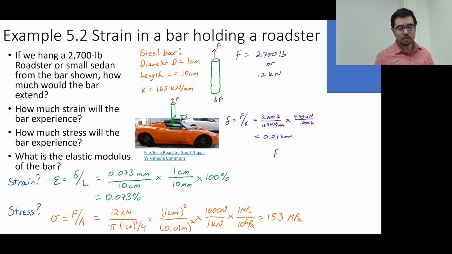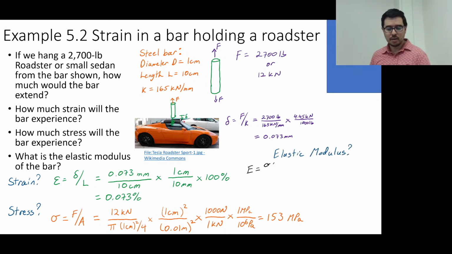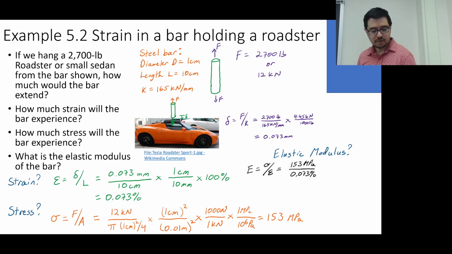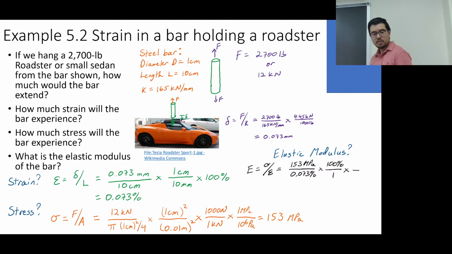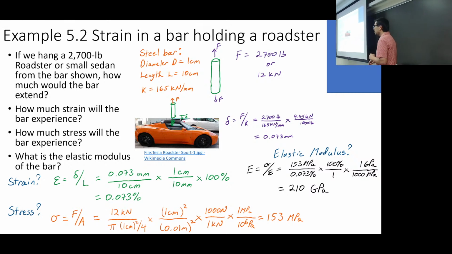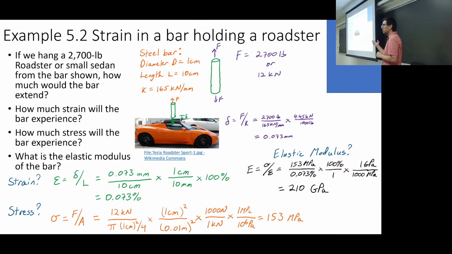And now, what is the elastic modulus? Well, what do you think I designed it to be? Any guesses before it magically appears? I gave you a steel bar. And so the steel bar has an elastic modulus of 210 gigapascals.